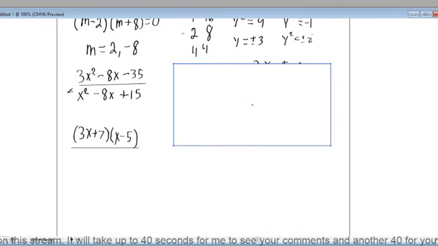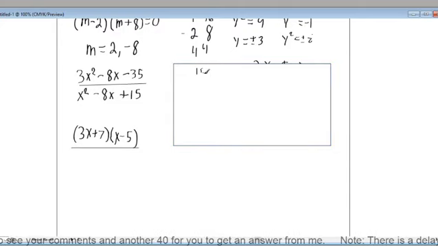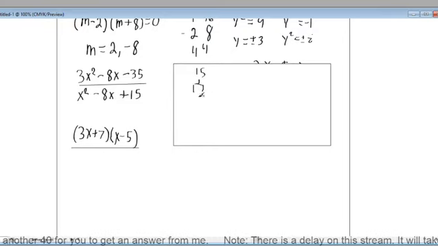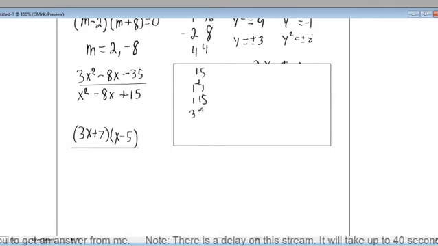So, bottom part, x squared minus 8x plus 15. We can go ahead and factor that. Again, use the AC method. So 15 is our AC. We can get factors out of that of 1 and 15, 3 and 5. 3 and 5 will give us 8 if we combine them, making that negative 3 and negative 5.